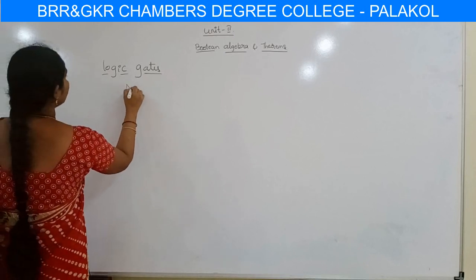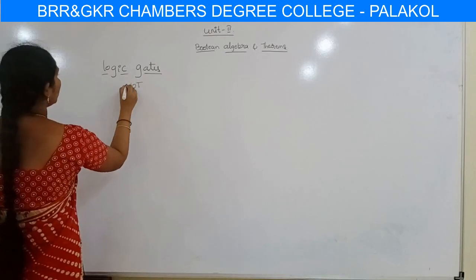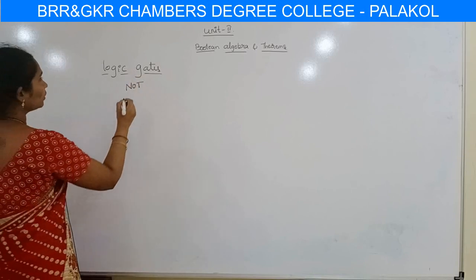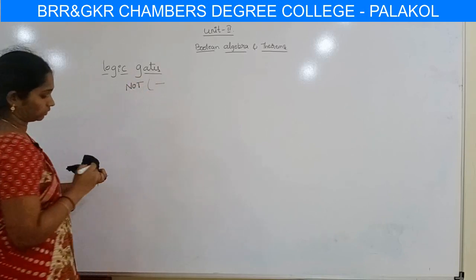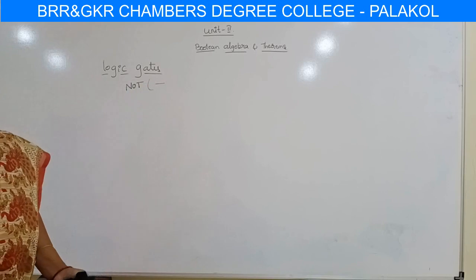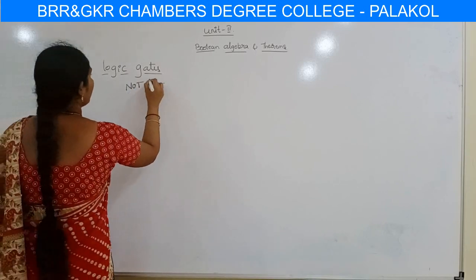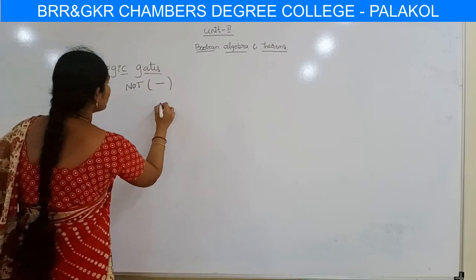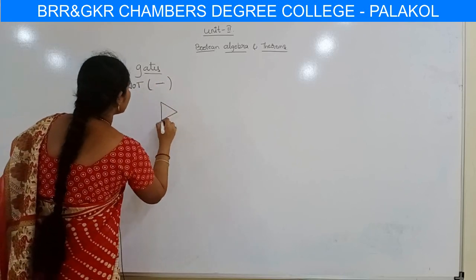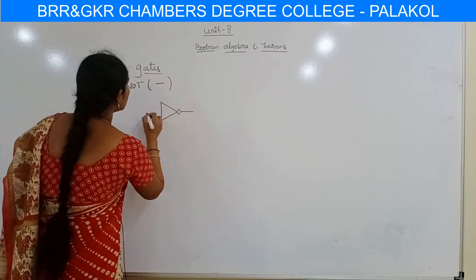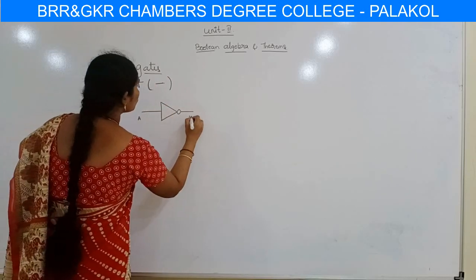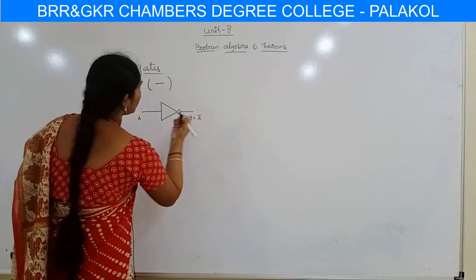NOT gate. So here this is the NOT operator. The symbol for the NOT gate is this, with input A and output Y equal to A bar.